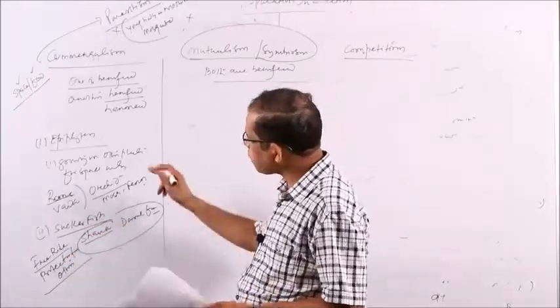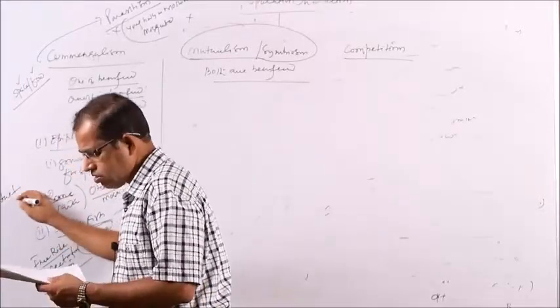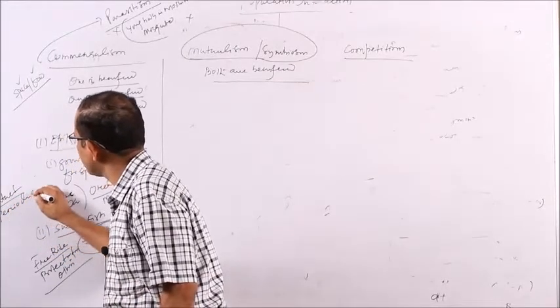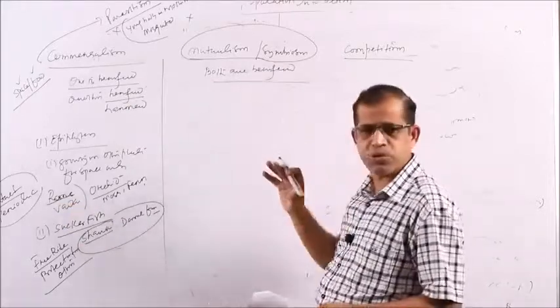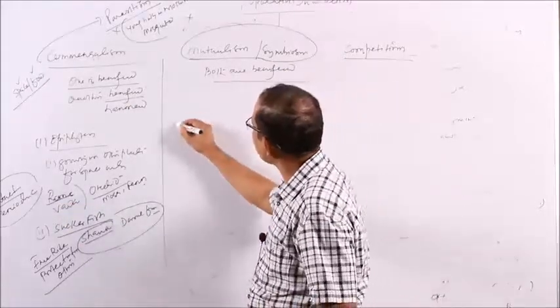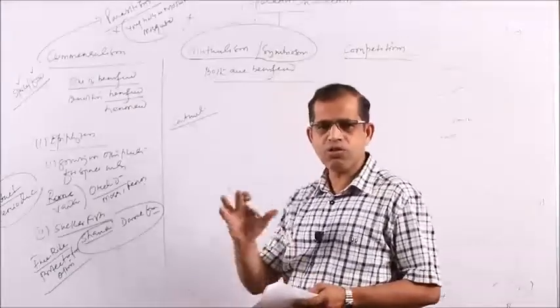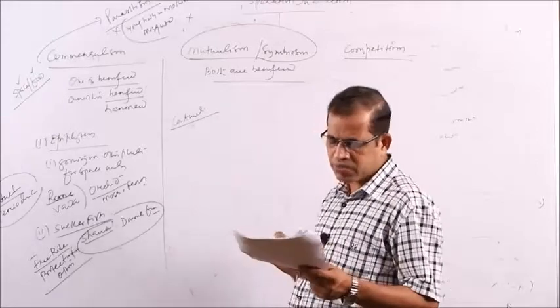So what we are finding is that in commensalism the contact is for a periodic time, not always. For a periodic time it needs a contact, but when you are going for mutualism, this contact is for life. That means one cannot live without the other.